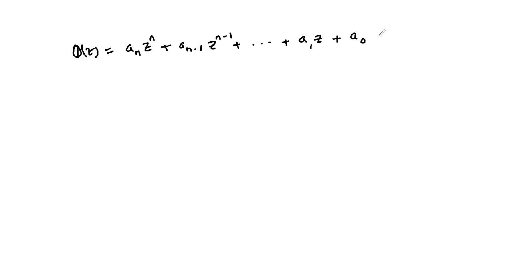Given the characteristic equation of the discrete time system as a polynomial in Z, Q(Z) is given by a_n Z^n plus a_(n-1) Z^(n-1) plus all the way to the terms a_1 Z plus the constant a_0 equals 0. If this is the characteristic equation of the discrete time system, the Jury's array is formulated as follows.